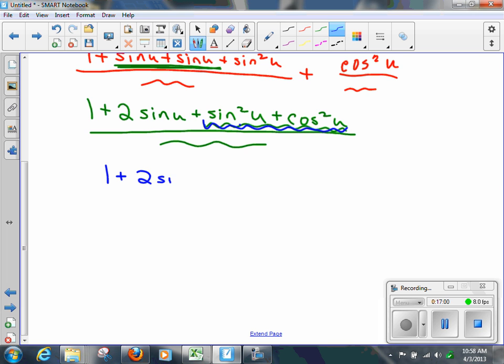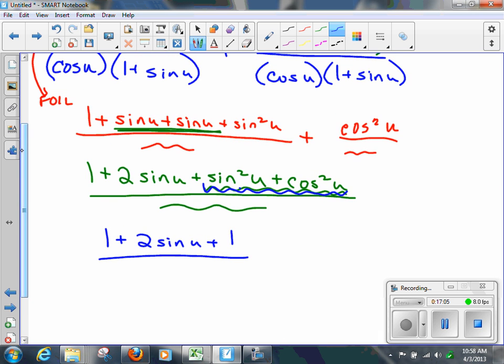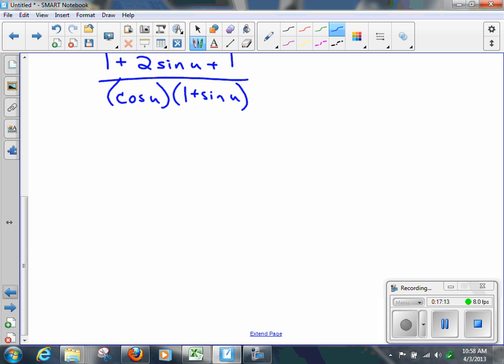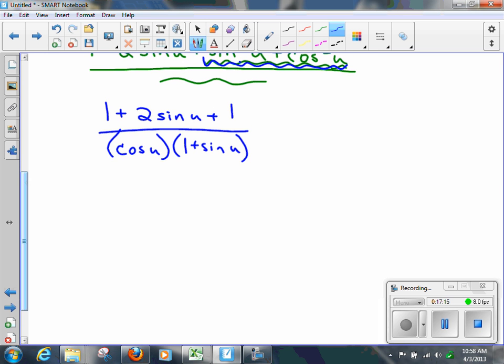Now look what ends up happening. Let me write that. What happens now? We're still just doing algebra. Combine the two 1s. Why? Because they're like terms. 1 plus 1 is 2.